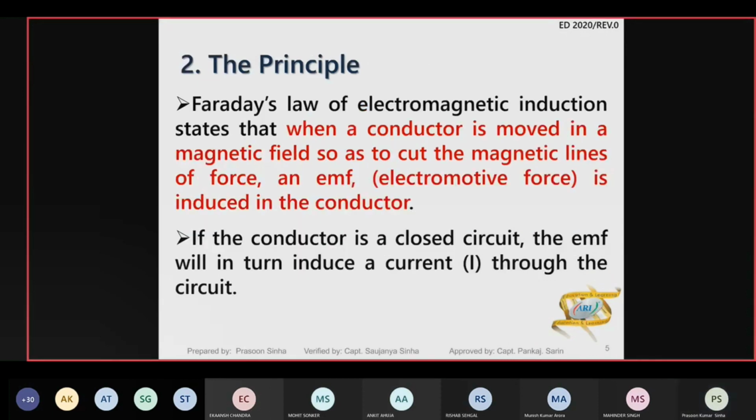Next, the principle on which EM log is working, Faraday's law.